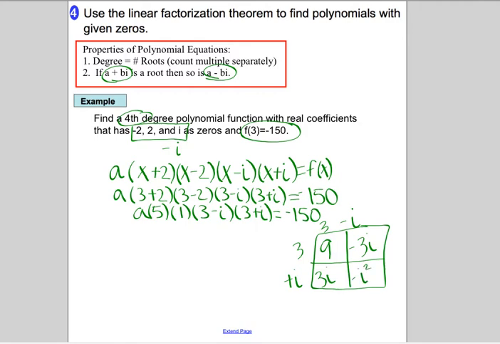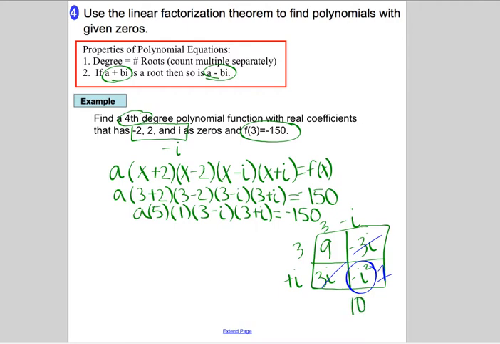The nice thing is that the positive 3i and the negative 3i cancel out. And we know that i squared is negative 1, and negative 1 is positive 1. Now, this totals to be 10.